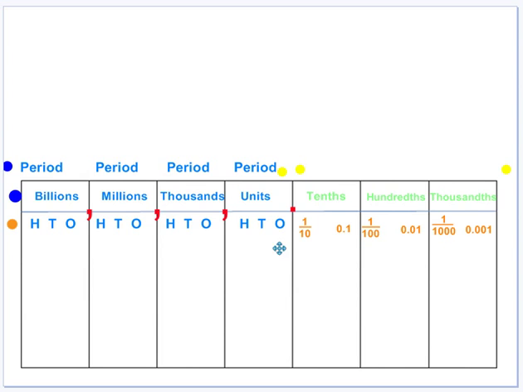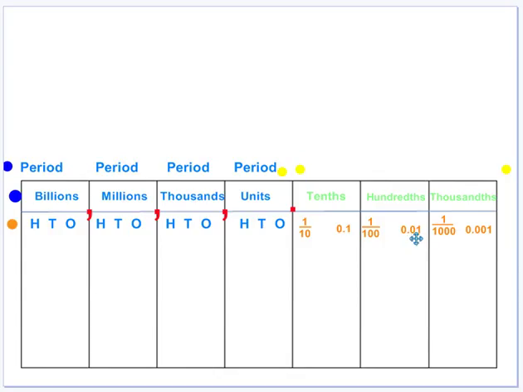So in the tenths, 1 over 10 or 1 out of 10 is our tenths, okay, or 1/10. The first decimal place to the right of the decimal is our tenths place. In the hundredths place, that's going to be one thing out of 100. That is 2 decimal places to the right of the decimal, so that's where we're going to put our numbers.